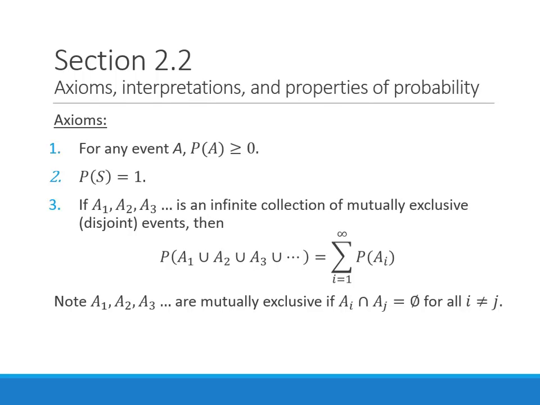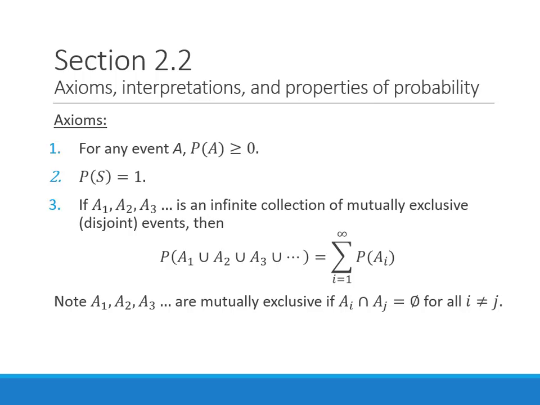The very foundations of probability that we'll use in this class are based on these 3 axioms, which we discussed on Wednesday. Everything else that we need to use can be derived from these 3 things. But these are the 3 things that you have to assume before we go any further.